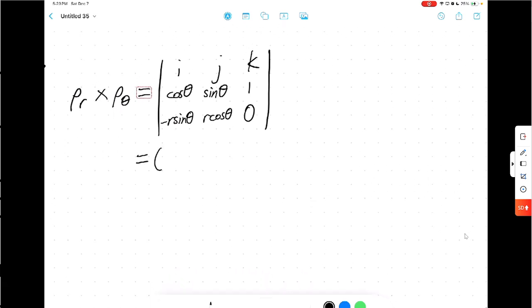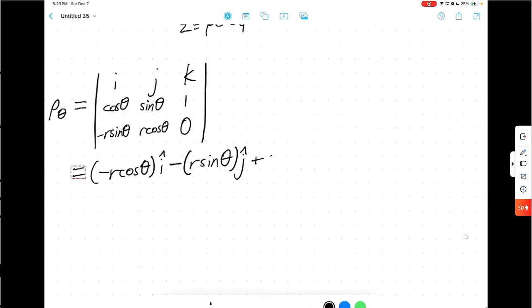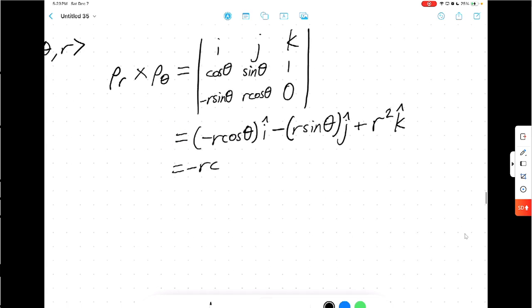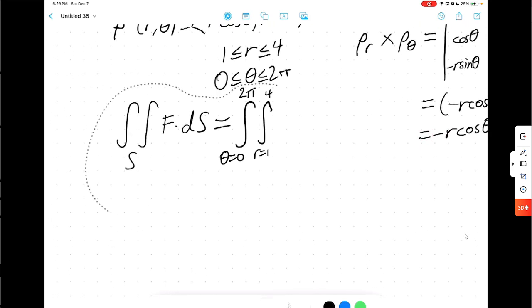We're going to get nothing minus r cosine theta i, minus 0 minus r sine theta j, plus r cosine squared plus r sine squared k. This is now what we're going to have to dot F with.